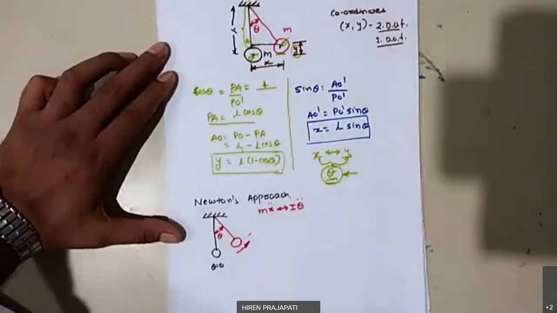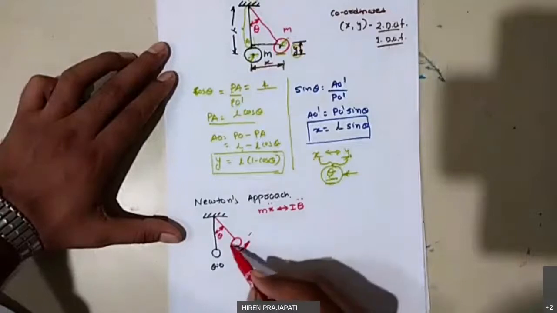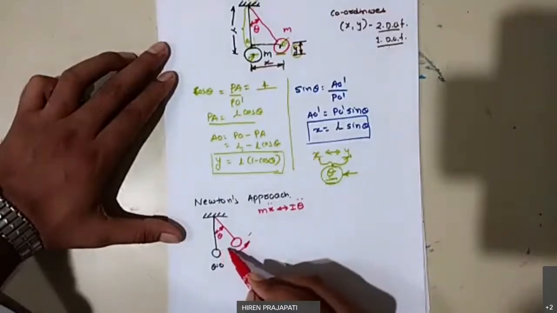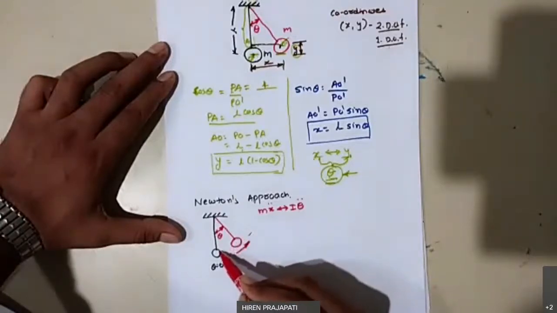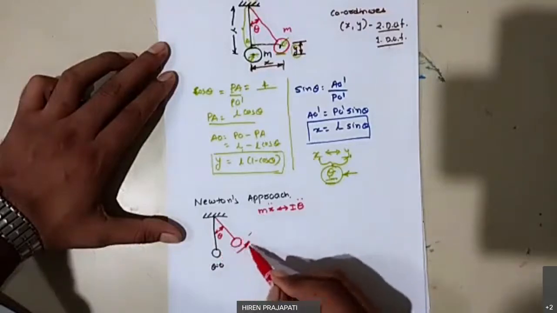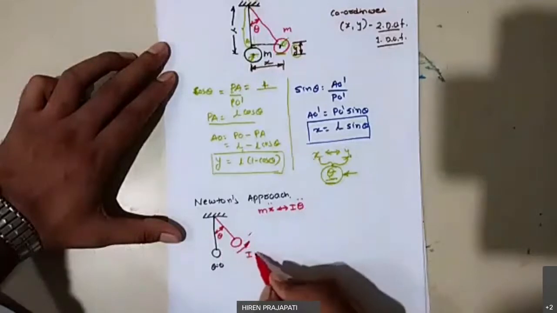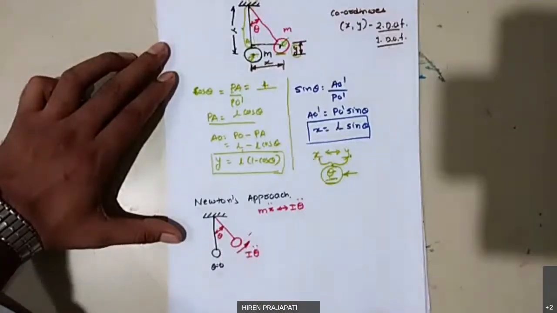So theta double dot is the angular acceleration. So if I assume this pendulum is disturbed in the counterclockwise direction, then in this direction I need to consider the inertial torque, which is I theta double dot, right? In this direction we are giving the inertial torque.